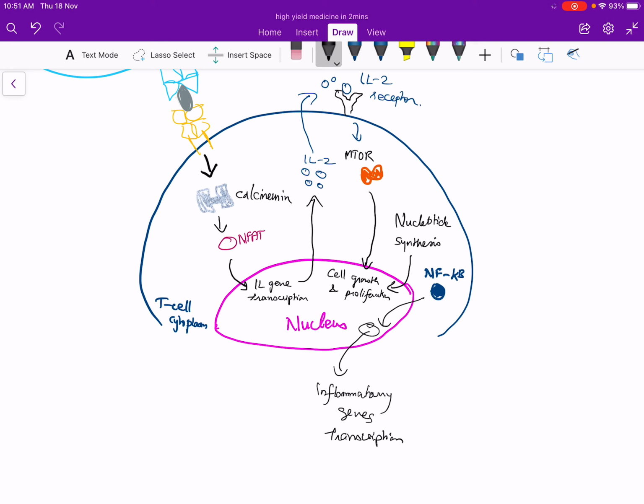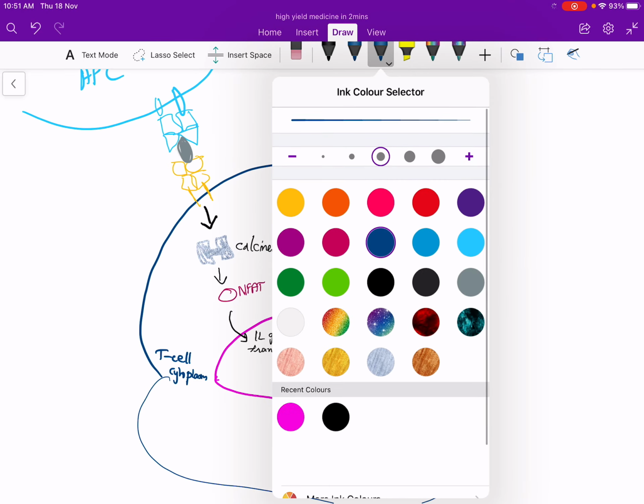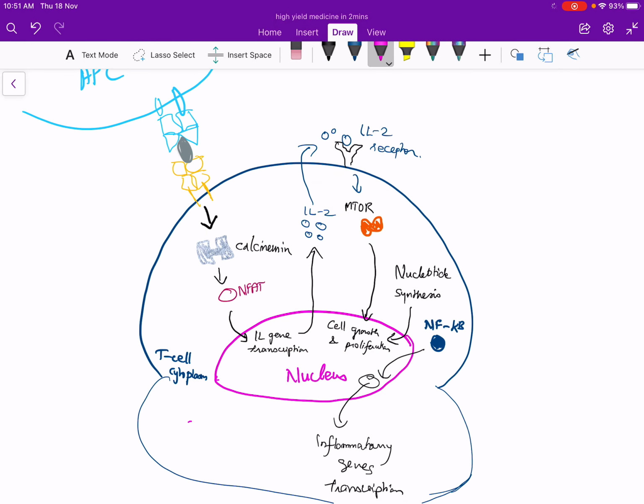So this is what we have got here. This is inside the nucleus, and so we'll start with each immunosuppressant drug. Starting from the left side, calcineurin.